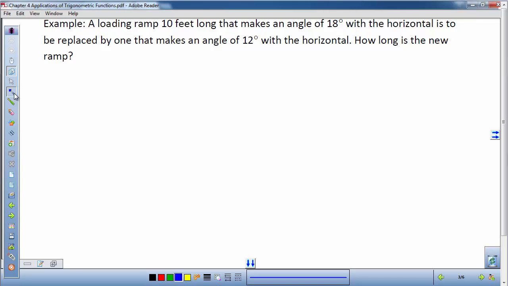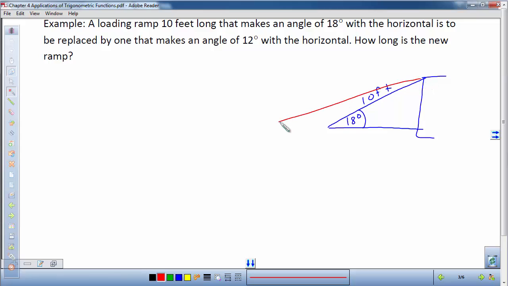So let's make a little picture. Let's say this is the dock. We had a ramp that was 10 feet, and it made an angle of 18 degrees. Well, we're tired. We don't want to have to walk the steep ramp, so we decide to lessen the steepness.